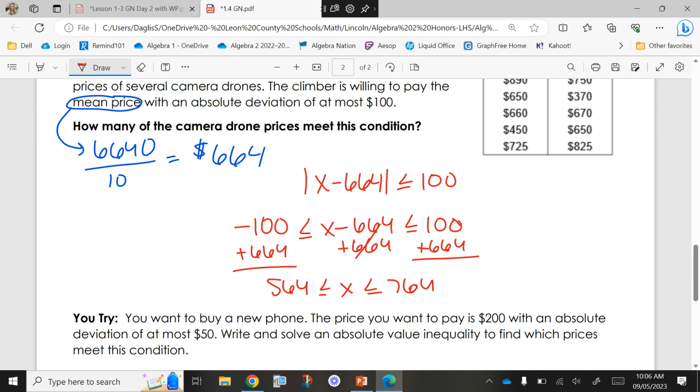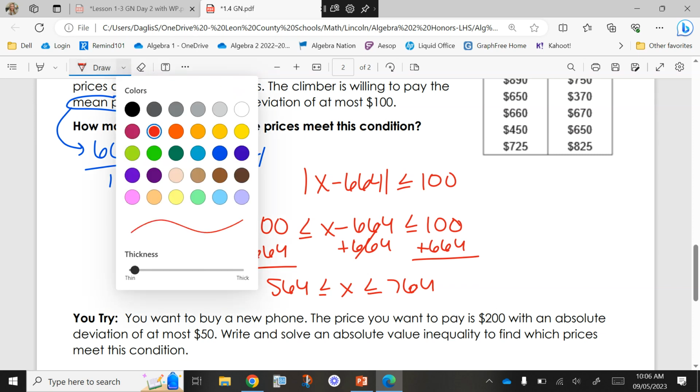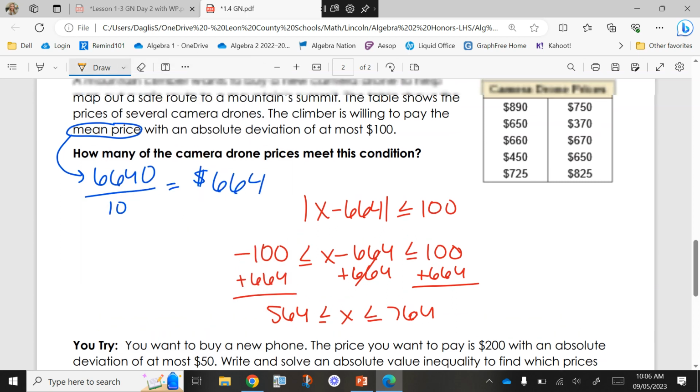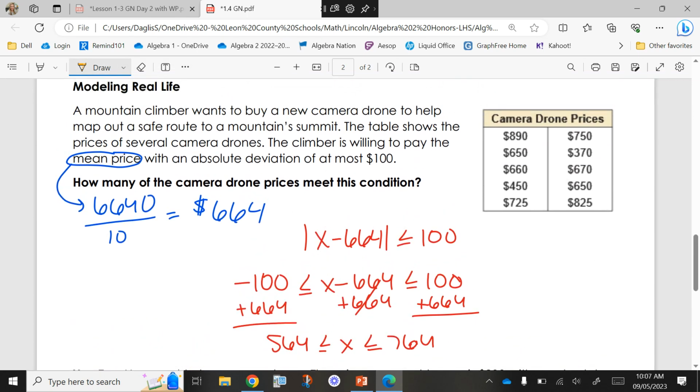What was the question? Six camera drone prices. There you go. So six of them meet up with that. Does 890? No. Does 650? Yes. Does 660? Yeah. Does 450? No. 725? Yes. 750? Yeah. 370?